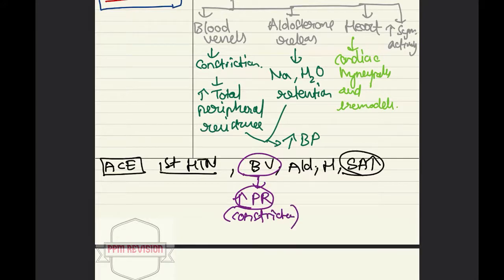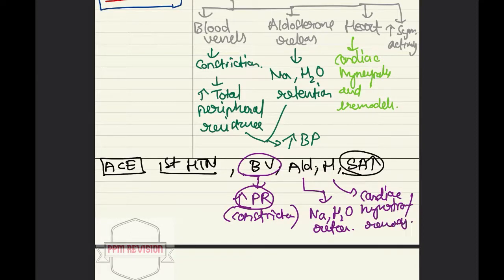And looking at aldosterone, it results in sodium and water retention. And in the heart, it results in cardiac hypertrophy and also remodeling. And sympathetic activity is also increased. Okay.